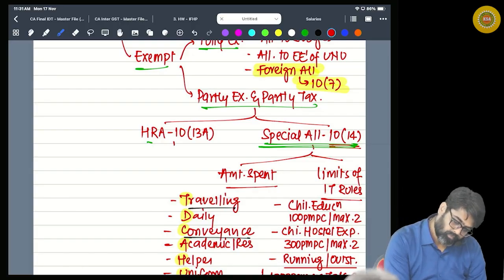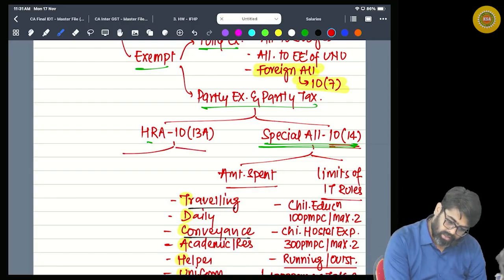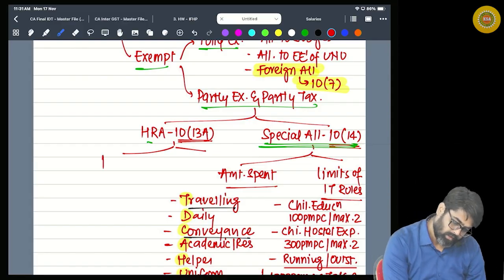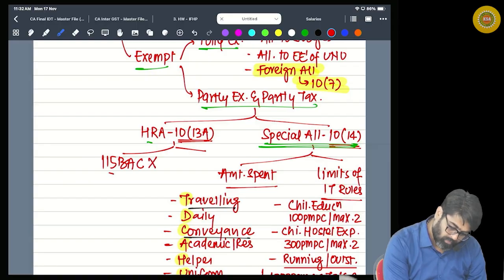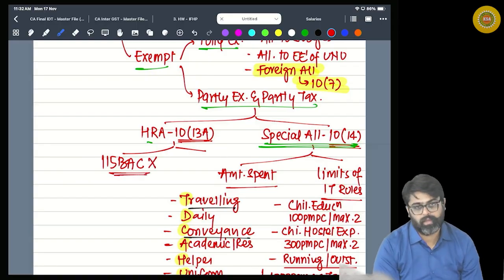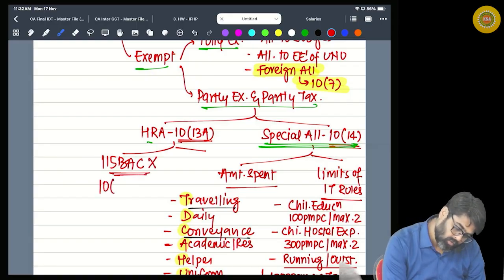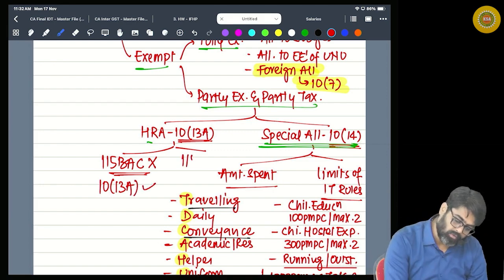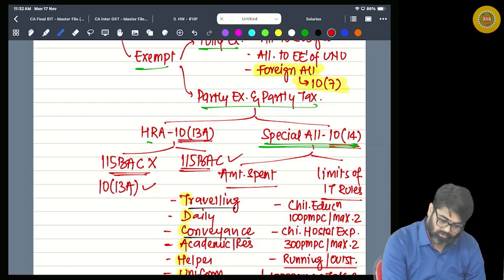See, HRA exemption under section 10(13A) will be available if you don't follow 115BAC. Then only 10(13A) exemption will be available. But if you follow 115BAC, meaning you are in the default tax regime, then exemption for HRA will not be available.